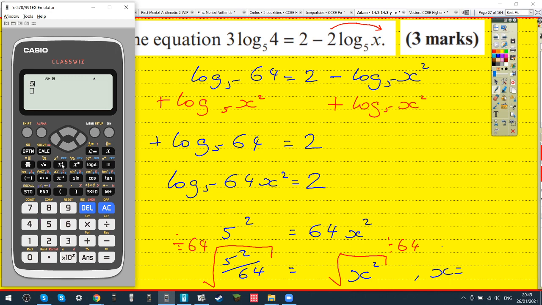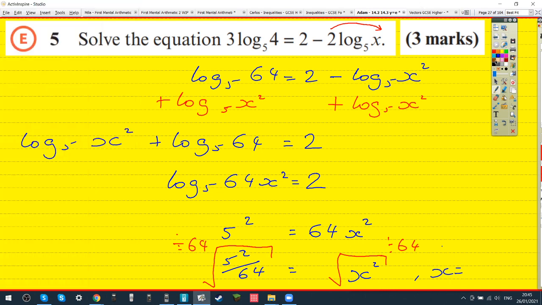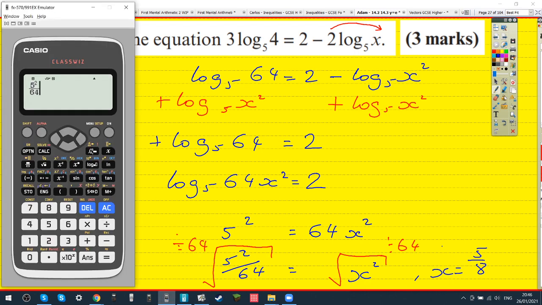Right, if you insist. 5 squared over 64 equals x squared? Wait, so you square root the answer, so it's 5 over 8. Yes. You would get the same thing if you did 5 squared over 64. However, I must show you.